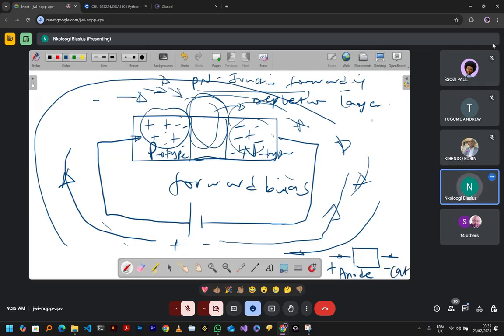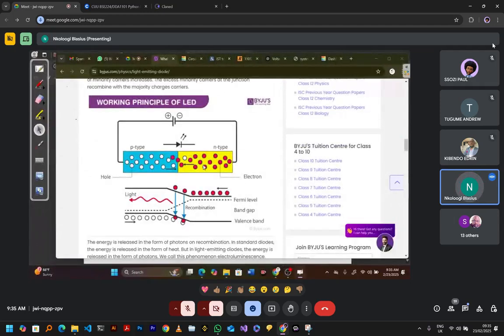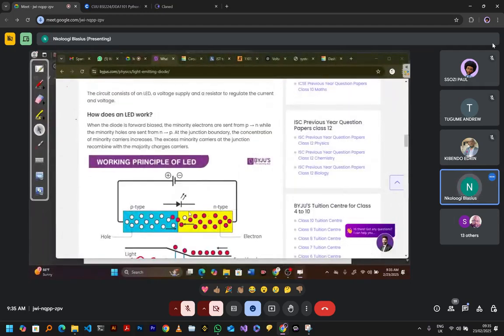So the symbol for a diode is this one, where this is always the anode, which is positive, and this is the cathode, which is negative. But for the LED, we always include these arrows to show that this is now a diode, but it is a light emitting diode. Okay, so that is in simplicity how diodes operate.